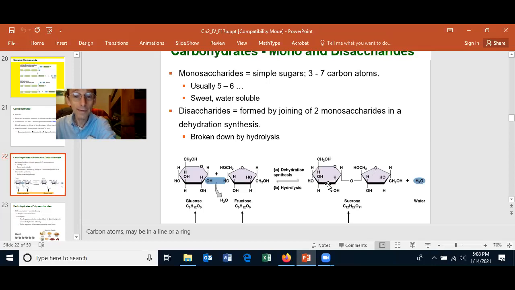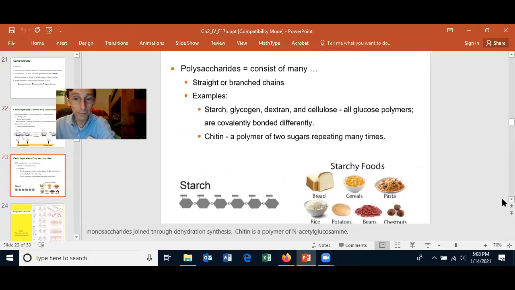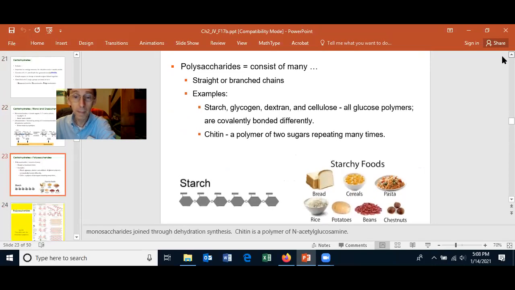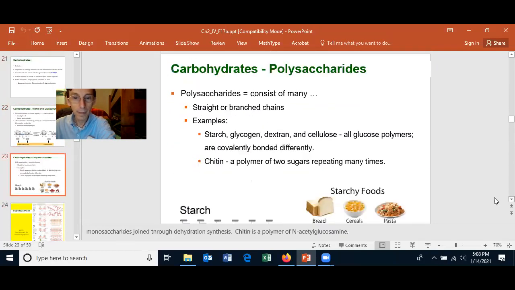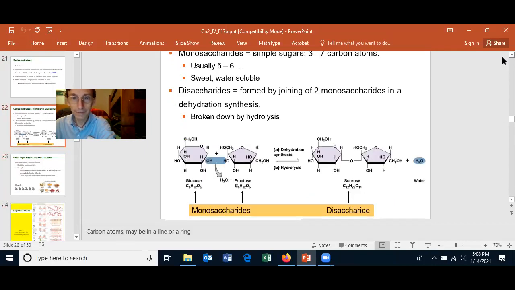You can reverse this reaction in hydrolysis, taking the disaccharide, adding water. The water comes in right here. Is that shown down below? No, it's not. The water comes in. I've got it blown up so it's not working well.